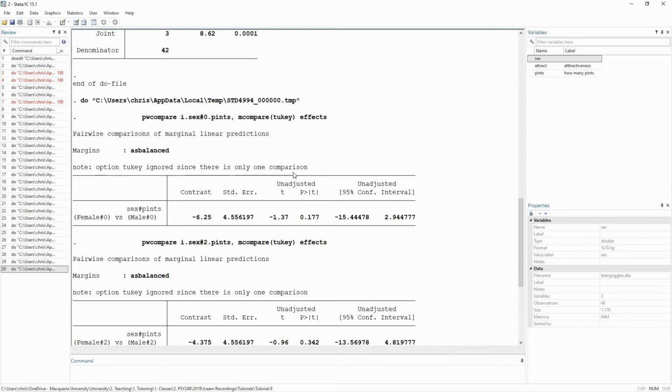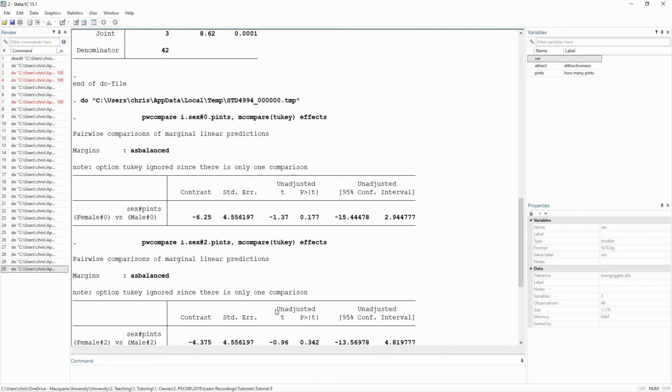It's only males and females at 0 pines. When we move to 2 pines and we look at males and females there, even though in terms of variable labels we're still talking about males and females, we're actually talking about a different 8 males and a different 8 females. Because it's now the 8 males that had 2 pines and the 8 females that had 2 pines. They're different to this.